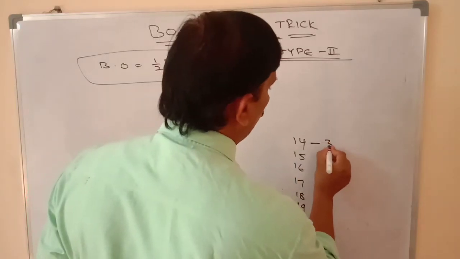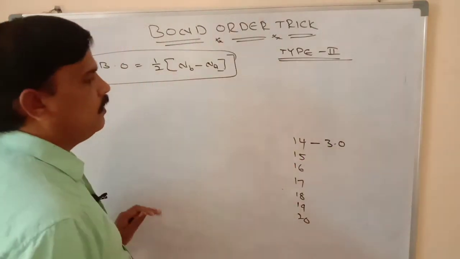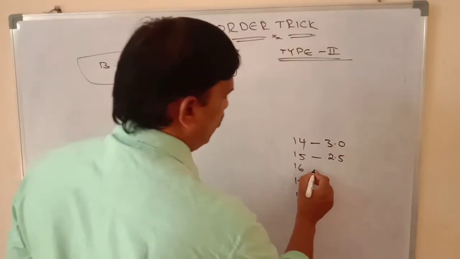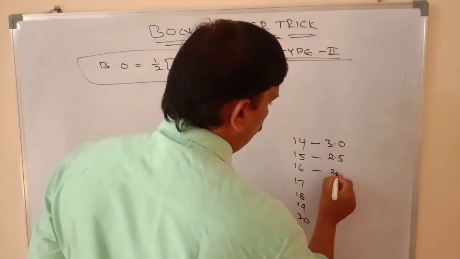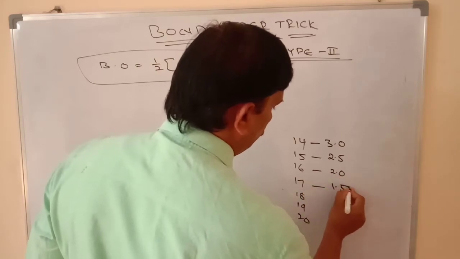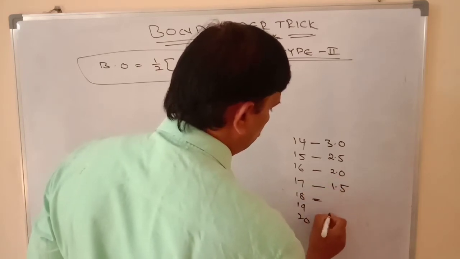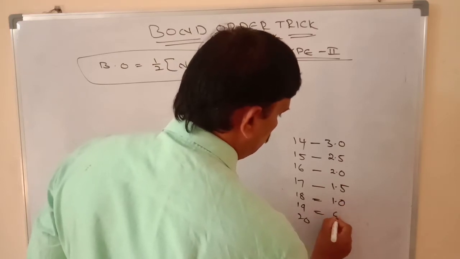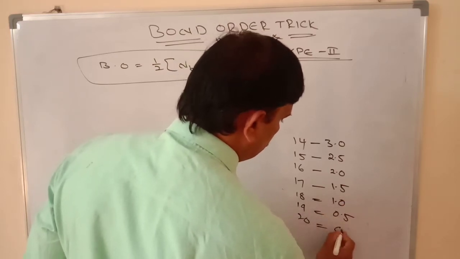For 14 give 3.0. Then subtract 0.5 each time: 2.5, 2.0, 1.5, 1.0, 0.5, and 0.